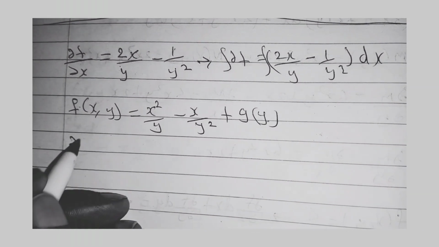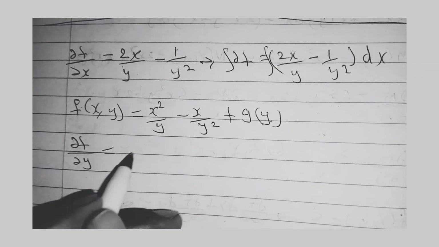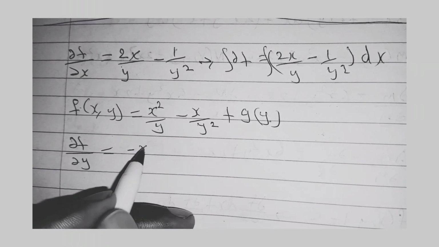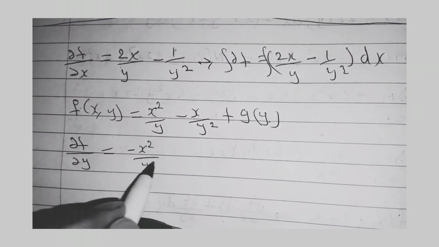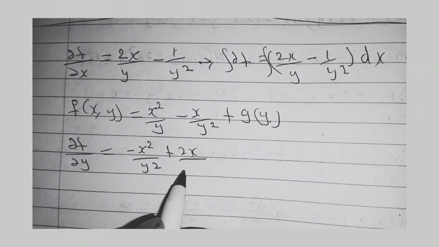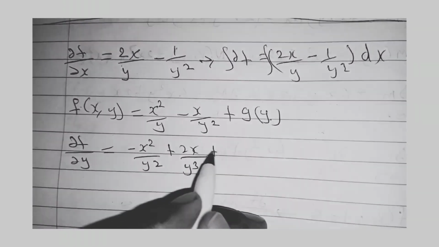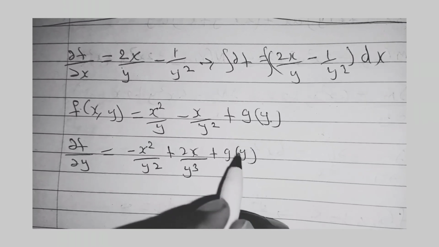Then from this one, we can get partial of f with respect to y, which will give us negative x squared over y squared plus 2x over y cubic plus g prime of y.